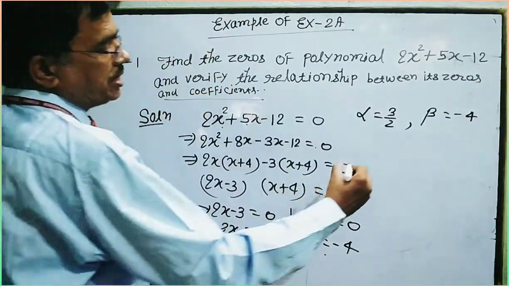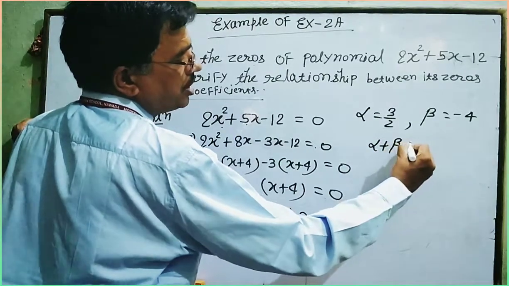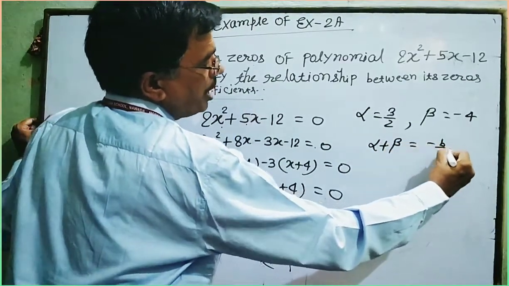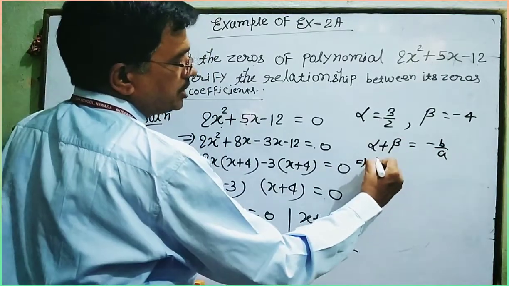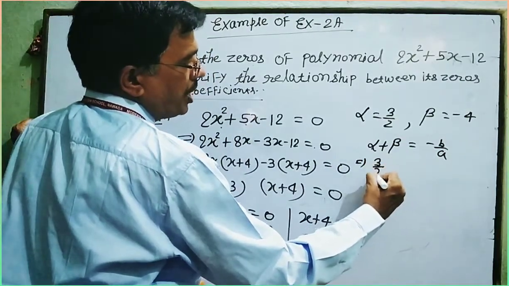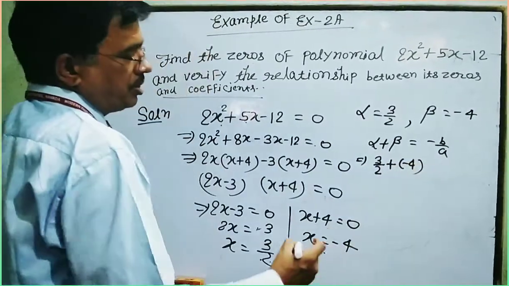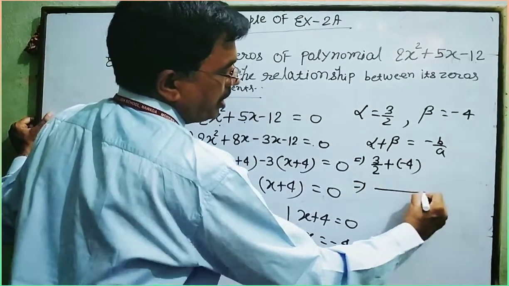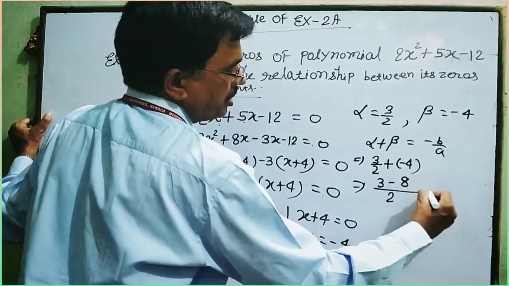There are two relations in your book. Here the first is: sum of the zeros is equal to minus b by a. Here alpha is 3 by 2 and plus minus 4. You write here, you get 3 minus 8 over 2.